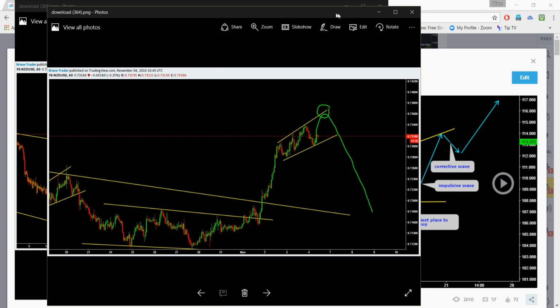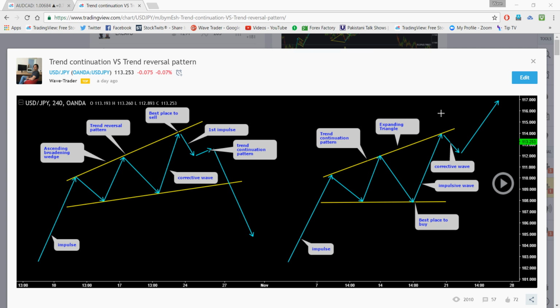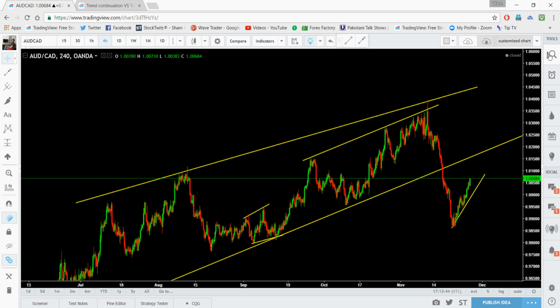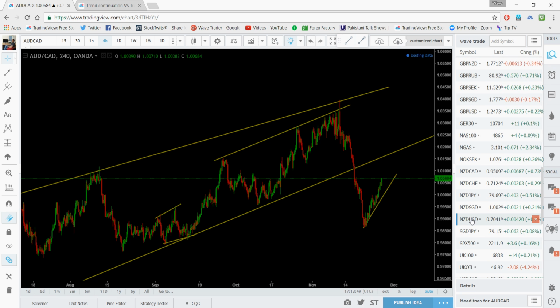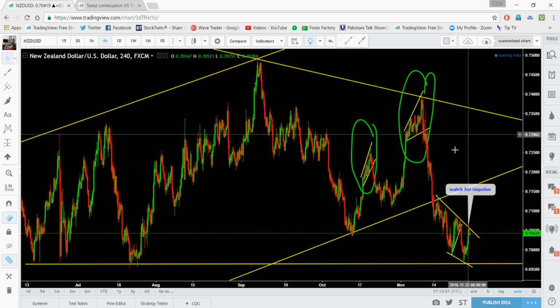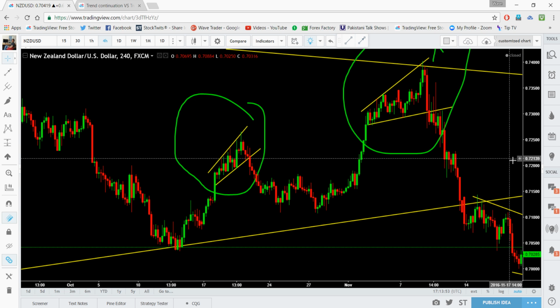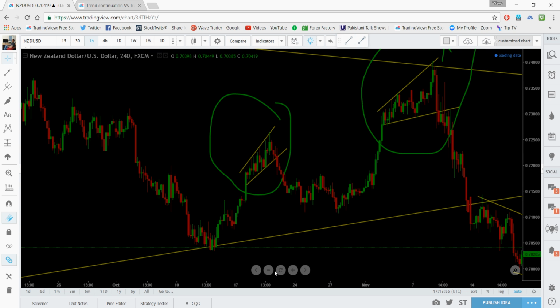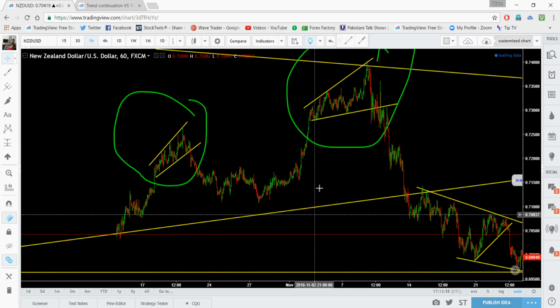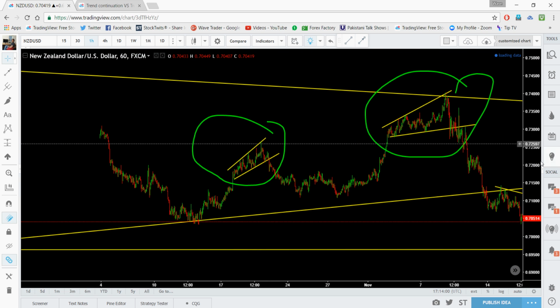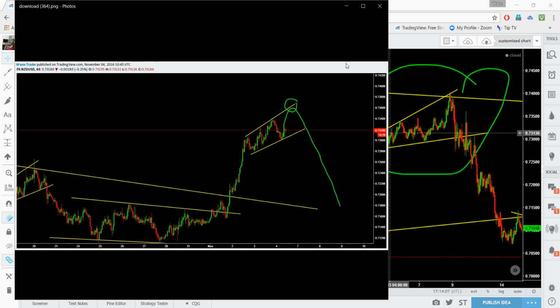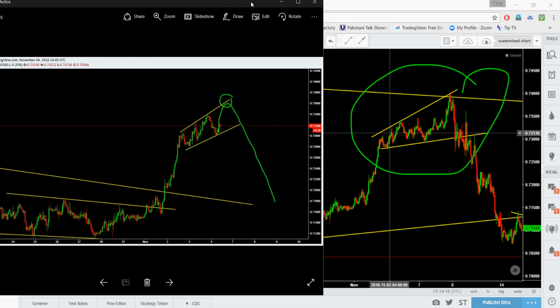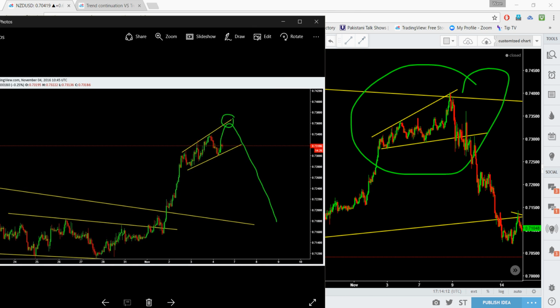You guys can see that both were trend reversal patterns. Here, if I look at the 1 hour time frame, here the reversal pattern, the picture was showing something like this.